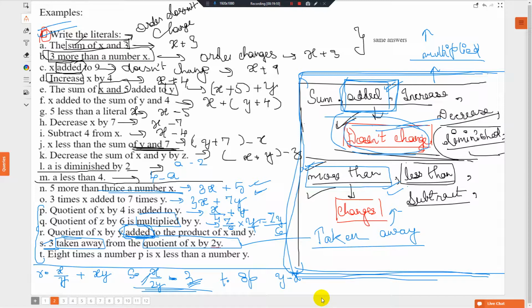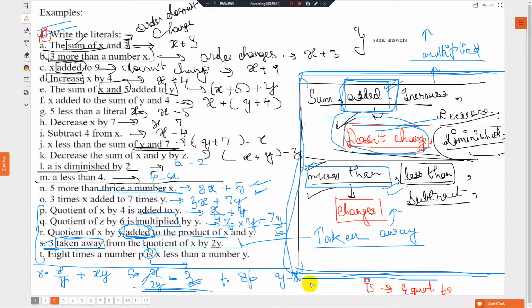So 8 times a number p is... what does "is" denote? That denotes that it is equal to.